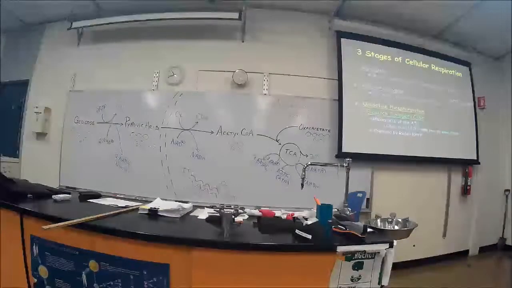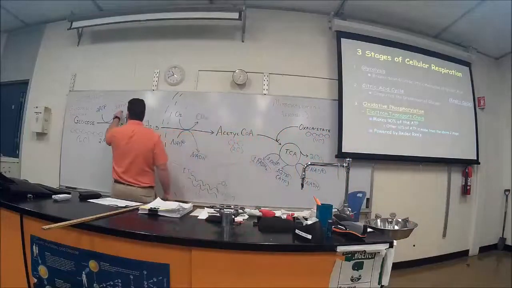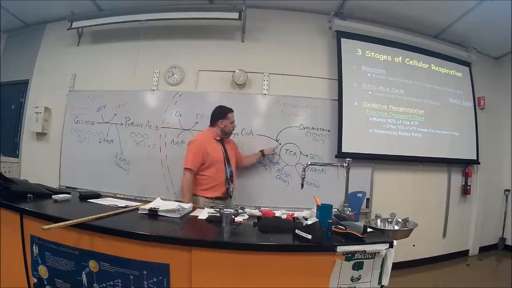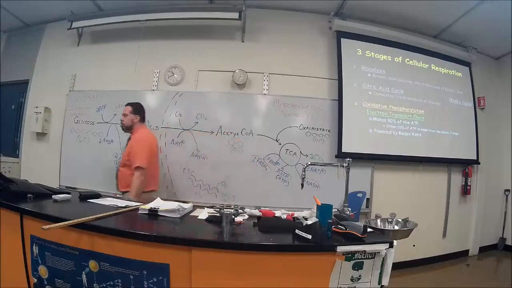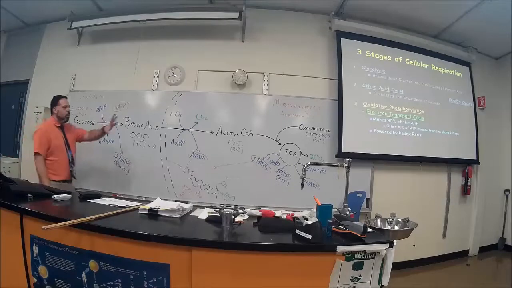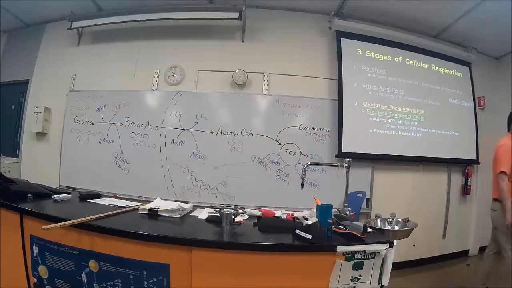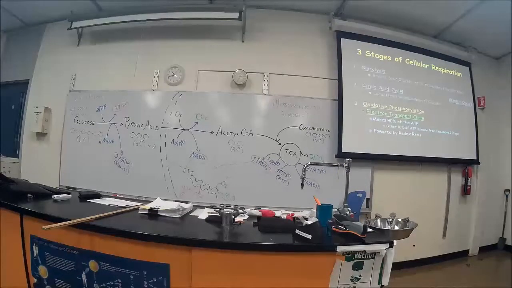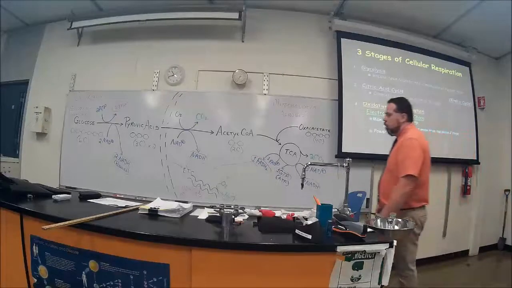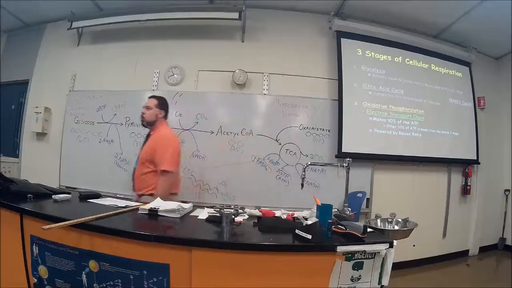The other 10% is made by here, as you can see, and also made here by the GTP. For this to occur, you need oxygen. And the electron transport chain is powered by redox reactions, which is why I talked about that yesterday.